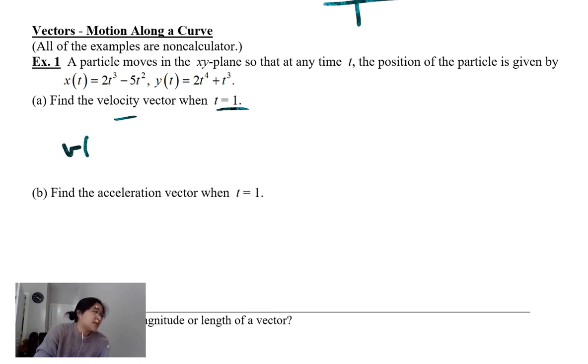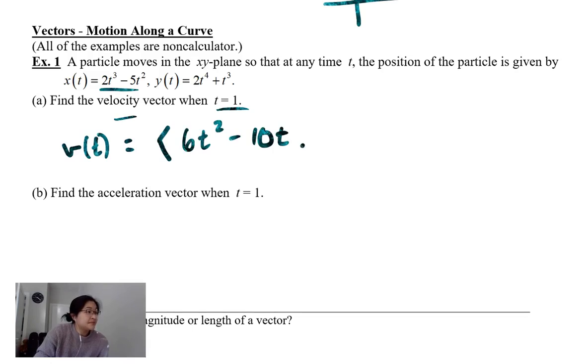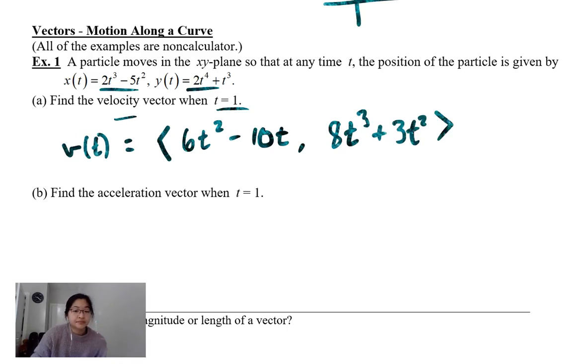So our velocity in general is going to be a vector where we take the derivative with the power rule. We get 6t squared minus 10t, and then for the other component, 8t cubed plus 3t squared.